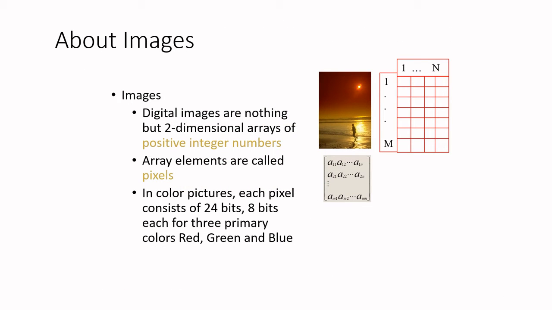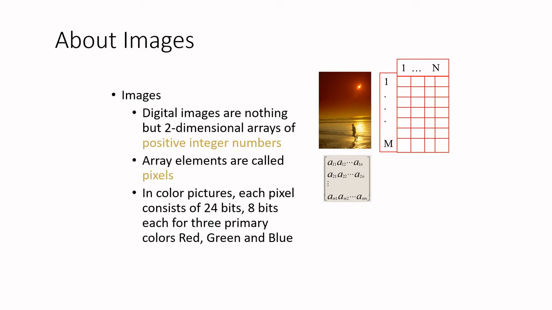With that introduction of object recognition, and before going into further details, let us just look at images and refresh some of the basic background about images. So if you look at an image, or a digital image in particular, basically a digital image is nothing but a two-dimensional array of numbers, integer numbers, and these integer numbers are always positive.